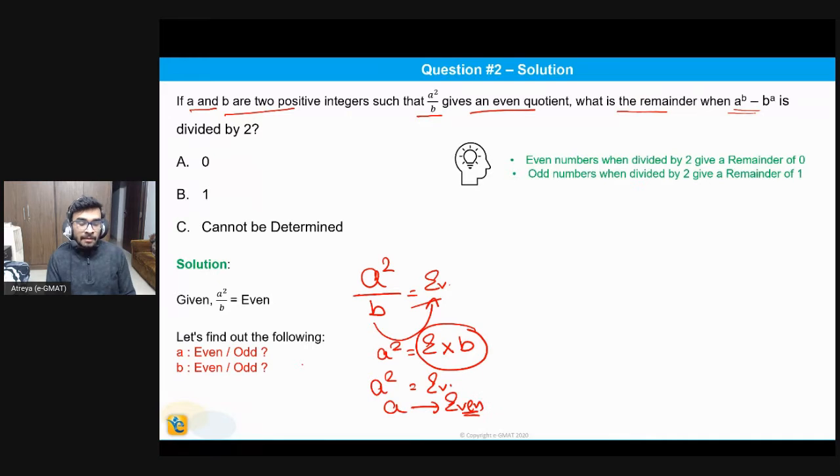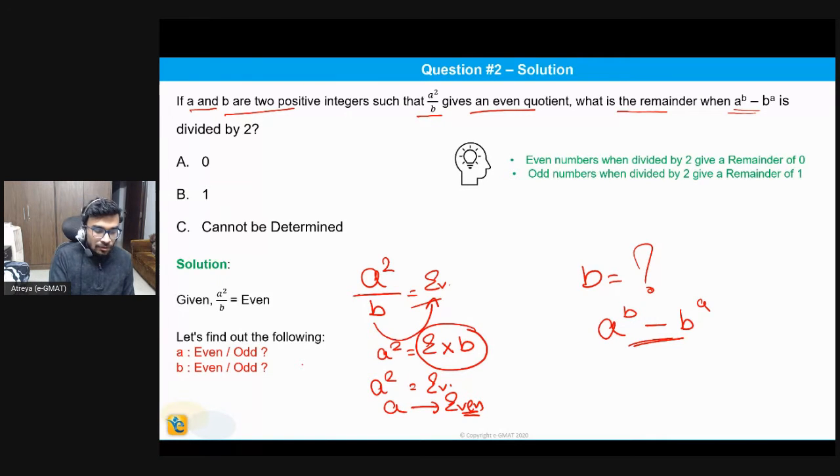So a is an even number, but do we have any information on b? We do not have any information on b. So determining the parity of the value a to the power b minus b to the power a, whether this is even or odd, becomes really difficult for us since we do not have any information on b. And since we cannot do that, we cannot say that the value is even or odd, and then go to answering whether the remainder would be 0 or 1.